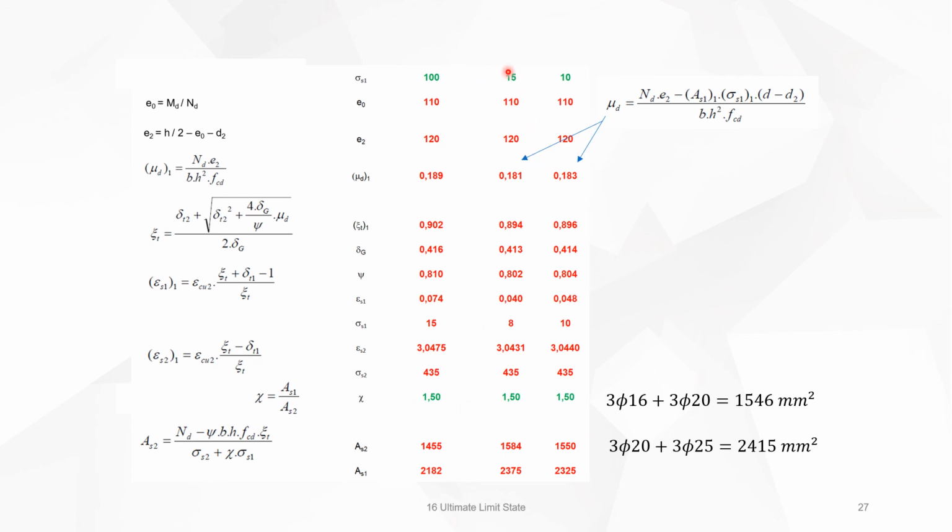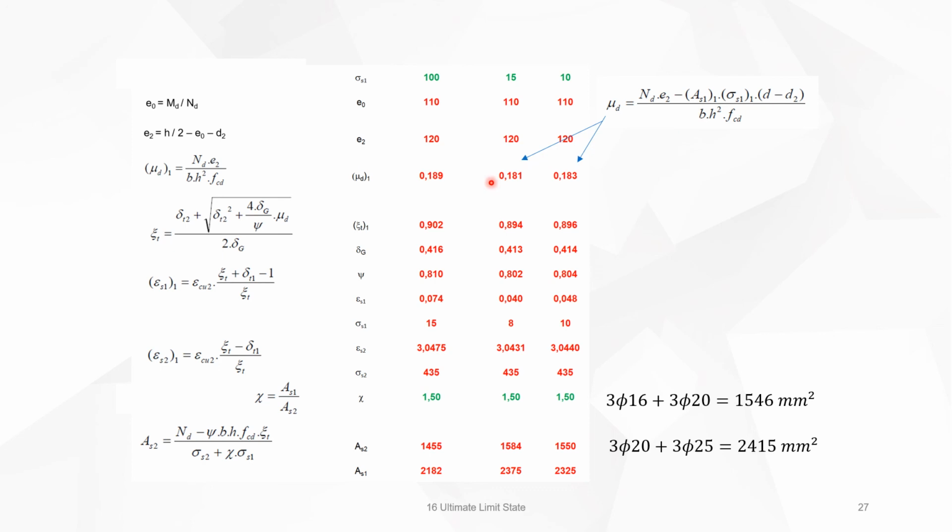We start with 15 because we ended up with 15 here. And we do the calculation again. Now remember, the mu-d is now corrected because it's the second iteration. It's corrected with this term because we know now AS1 is here, and we know sigma S1, which is this one. So that's why we have to modify mu-d.